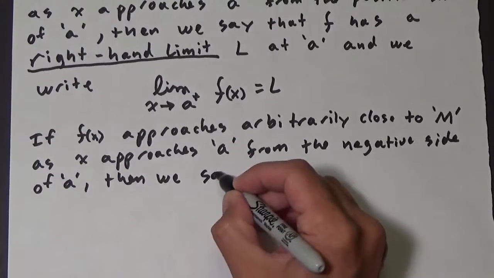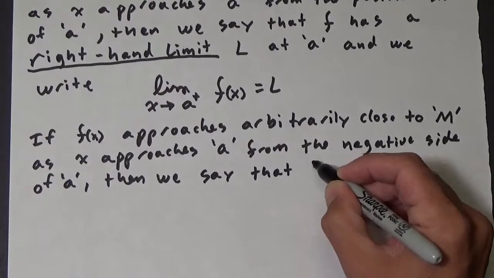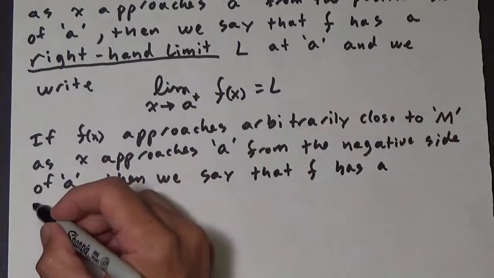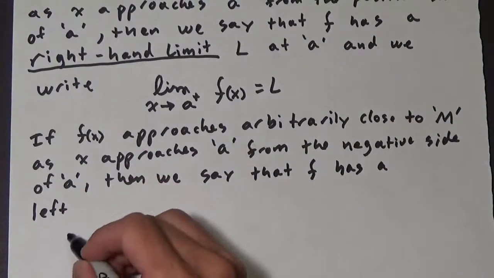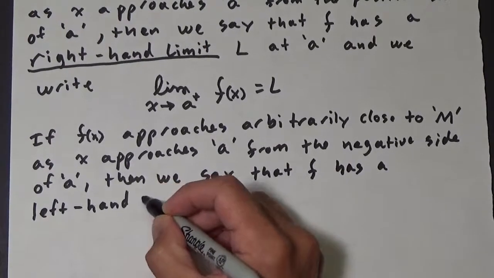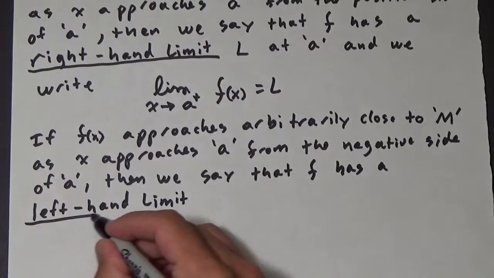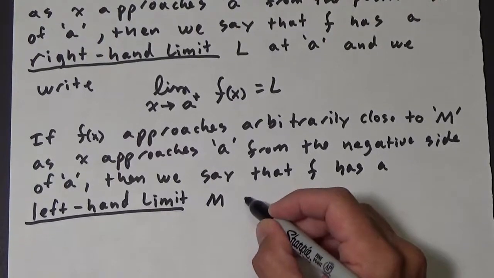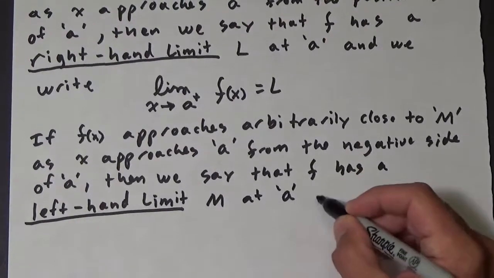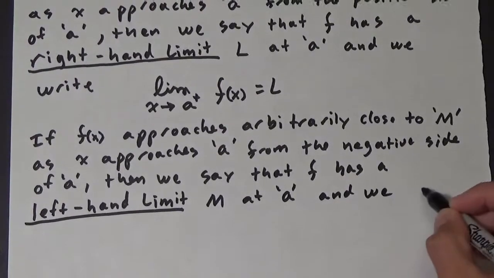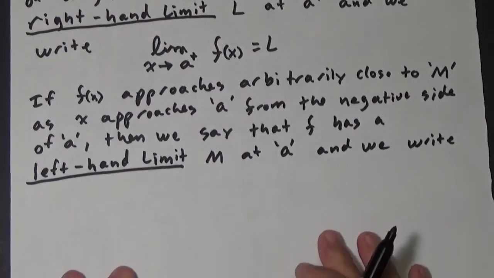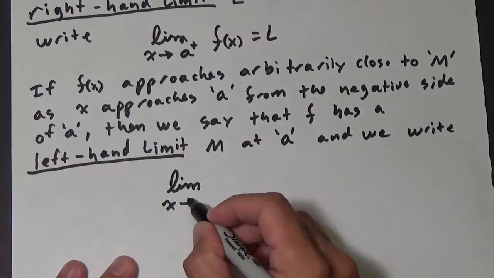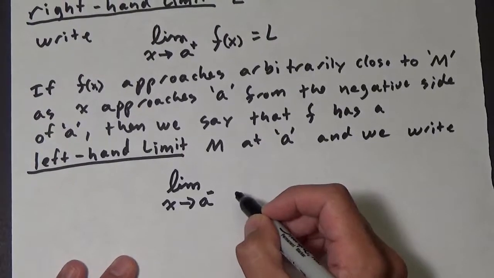then we say that f has a left-hand limit m at A, and we write, so this time we're going to write the limit as x approaches A from the negative side.